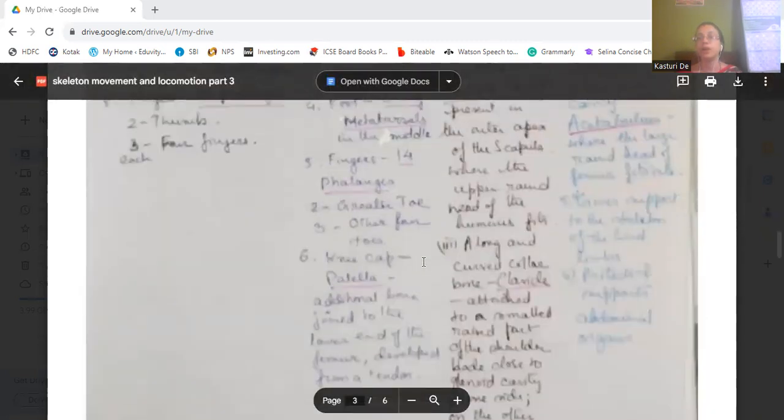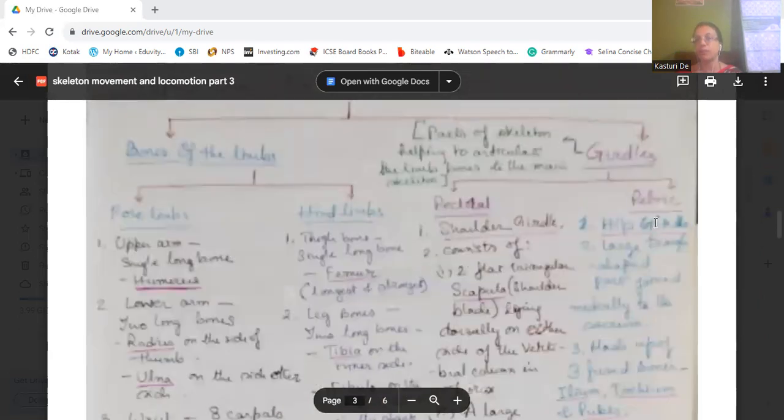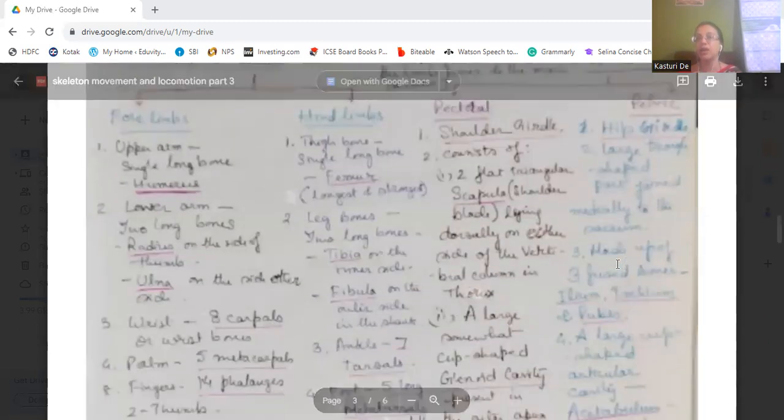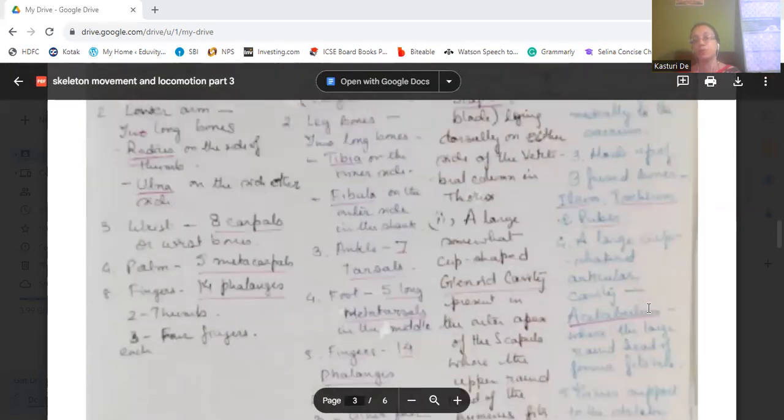Now, this is about the pectoral girdle. Now, the pelvic girdle is also known as the hip girdle. It has a large trough-shaped part. It's made up of 3 fused bones: ilium, ischium, and pubis.